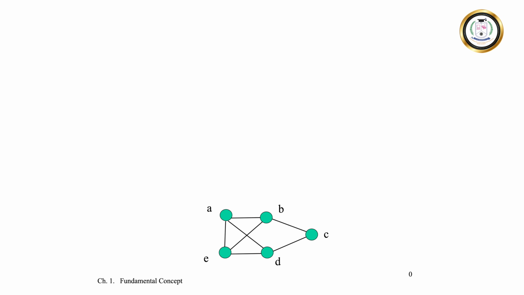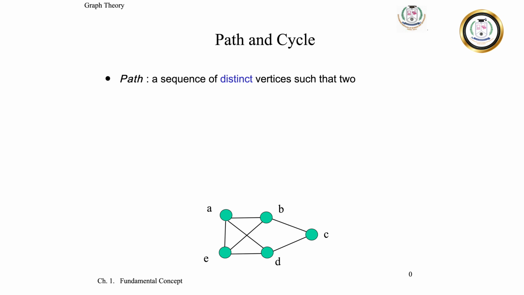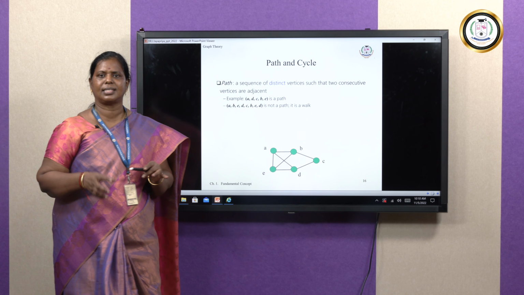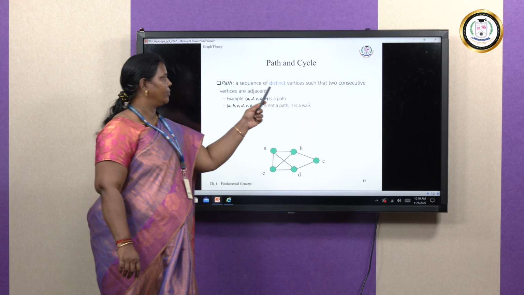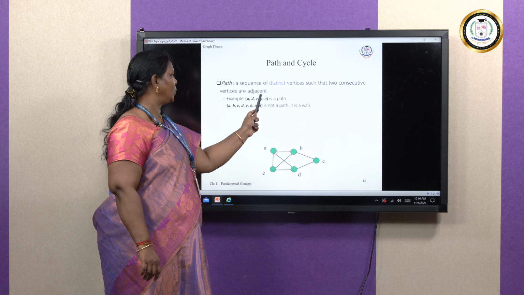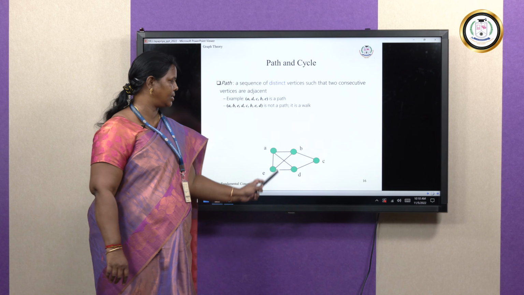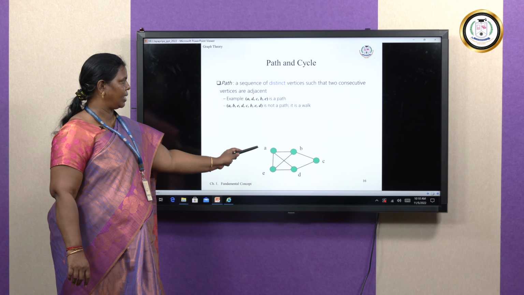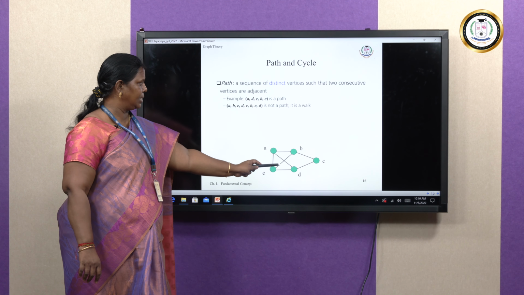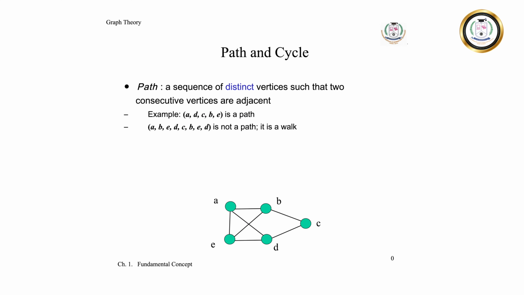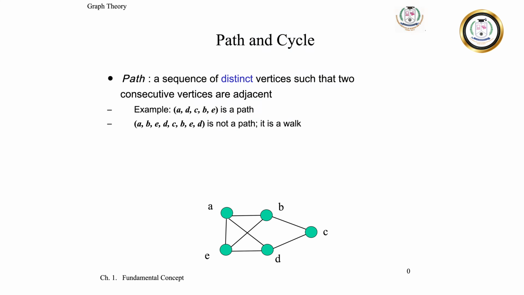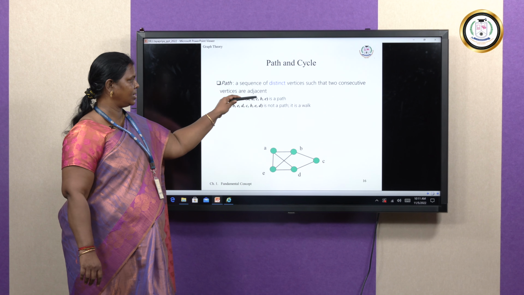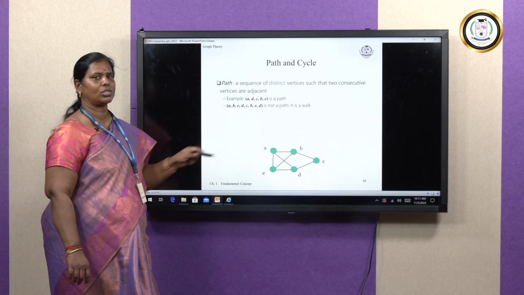We'll peep inside the next concept, the meaning of a path and cycle in a graph. A path is a sequence of distinct vertices such that two consecutive vertices are adjacent. Here is a graph and you can notice a path in it: A, D, then C, B and then E. Here is an example where we have noted which is a path and which is not a path.